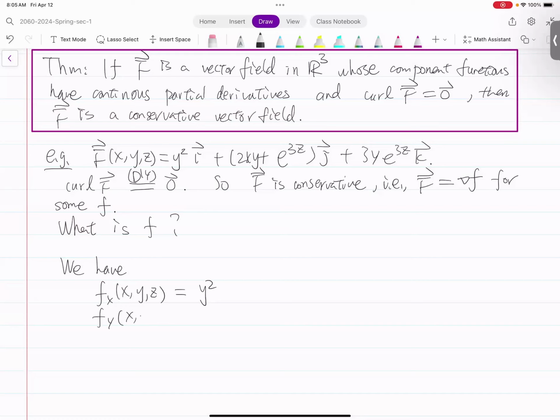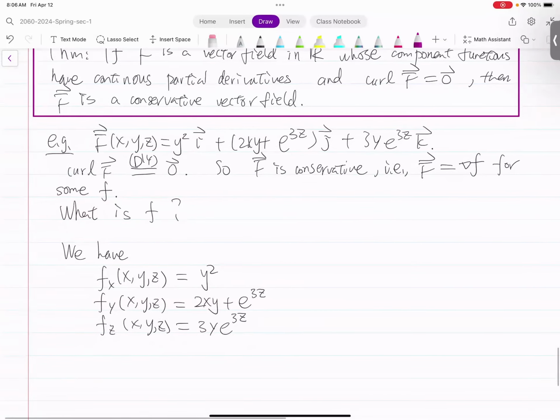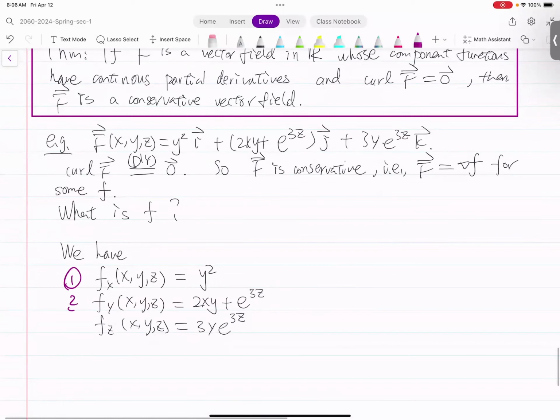And then you just write down the other two partials. Okay. So the second partial derivative is just going to be the second component of the vector field, and then the third. We just write down accordingly. Okay. So this is in a way we call a system of equations that are in terms of partial derivatives, right? Partial derivatives.